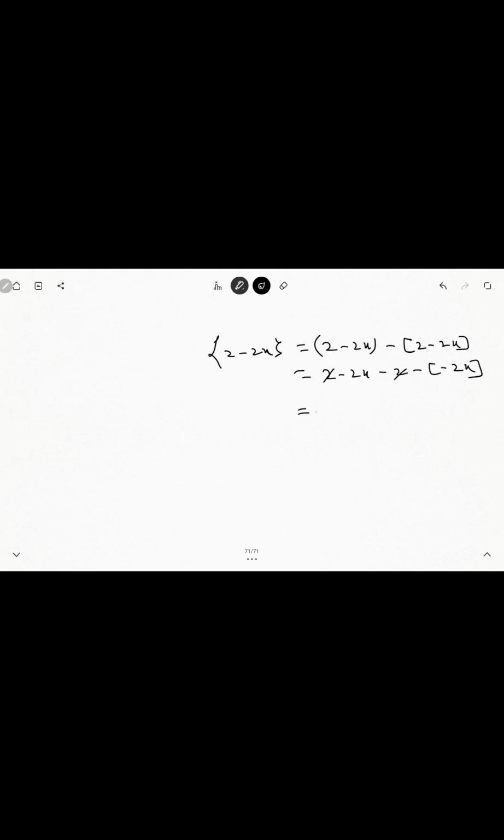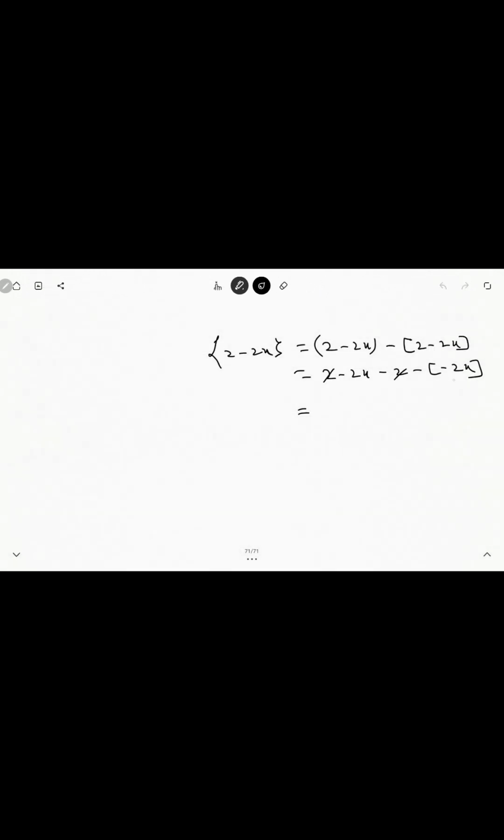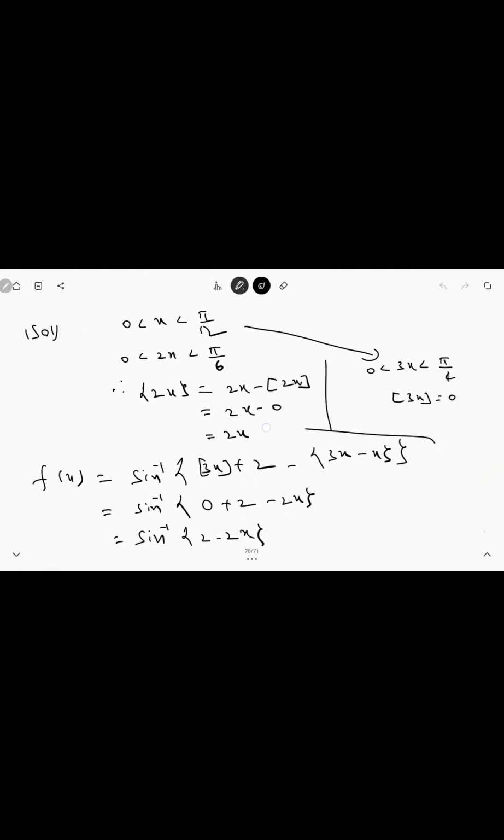So 2 cancels. What is the box of minus 2x? Whenever 2x lies between 0 and 0.5, it would be minus 0.5 or minus 0.4. Minus 0.4 means the box is minus 1. Outside is minus, so finally I am getting 1 minus 2x. Therefore the function is sine inverse of 1 minus 2x. So this entire function is nothing but sine inverse of 1 minus 2x.